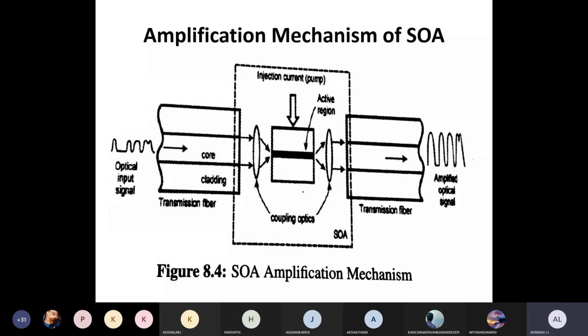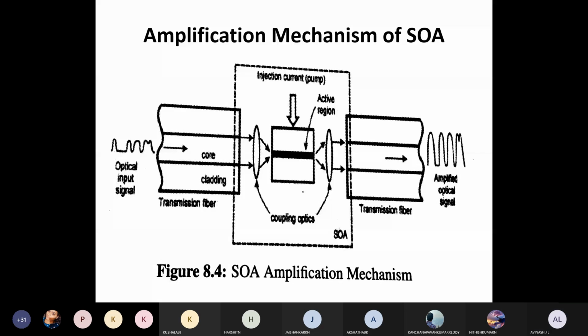Is it clear to you? So it is the amplification mechanism of SOA, the semiconductor optical amplifier. You know the meaning of core and the meaning of cladding, and you know how the coupling will be done, from one fiber to another fiber, moving between the two coupling optics.